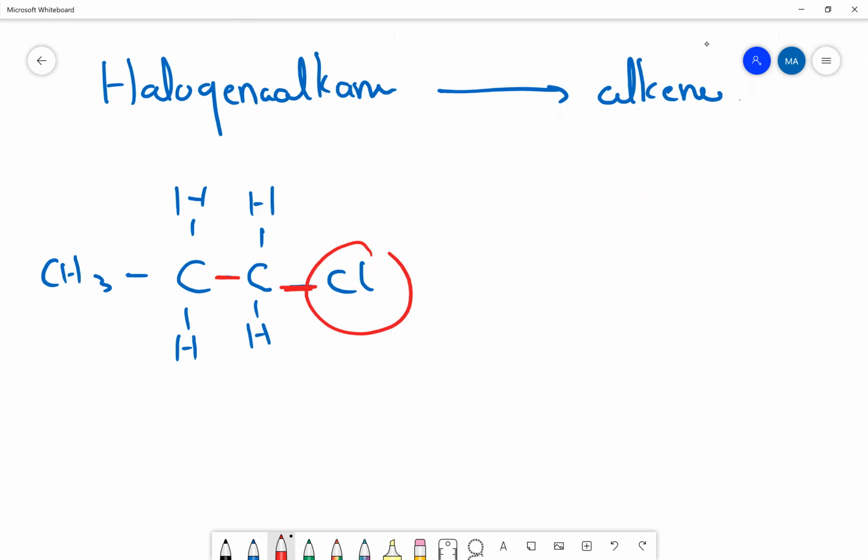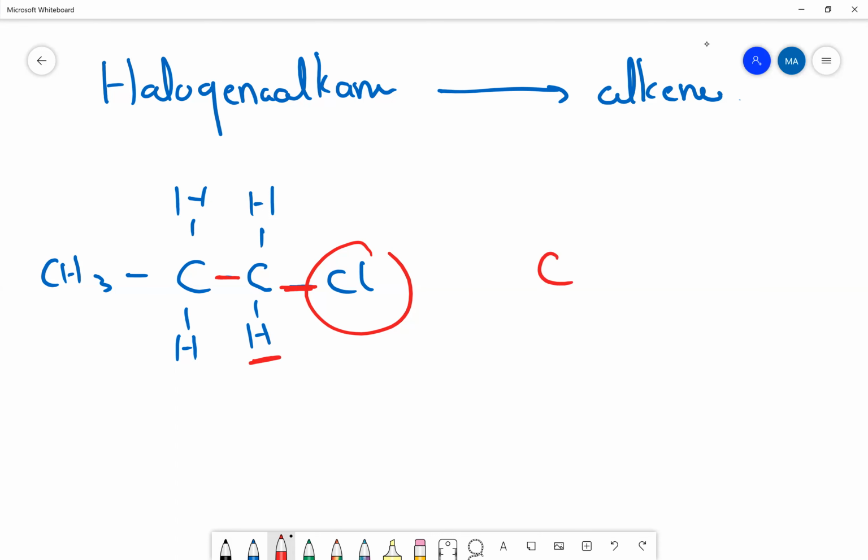Once you remove this Cl, you would definitely be closing these two bonds, right? Because there's one free bond and you won't just be removing this chlorine, you'd have to remove the hydrogen as well in order to close the two bonds. Otherwise, you won't get an alkene.